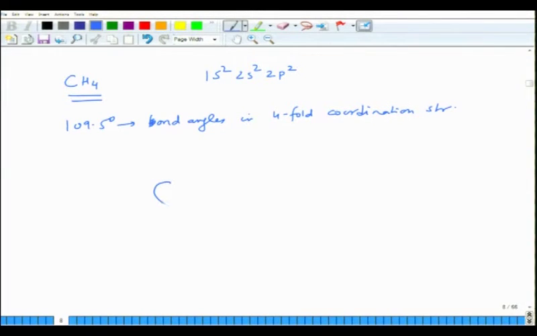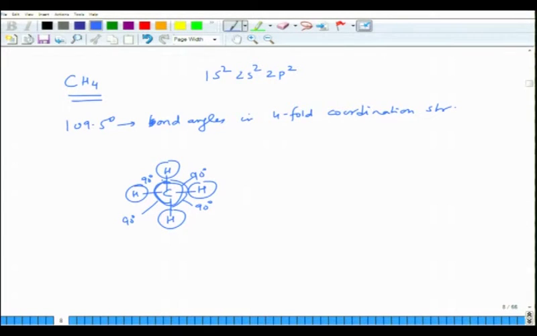So, for example, if you look at the top view, this is carbon, you do not have hydrogen sitting like that. If you look at the top view, this angle would be 90 degrees, but they do not make 90 degrees. According to valence bond theory, this should be 90, this should be 90, this should be 90, this should be 90, but then if it was 90, how come it is making 4 bonds?